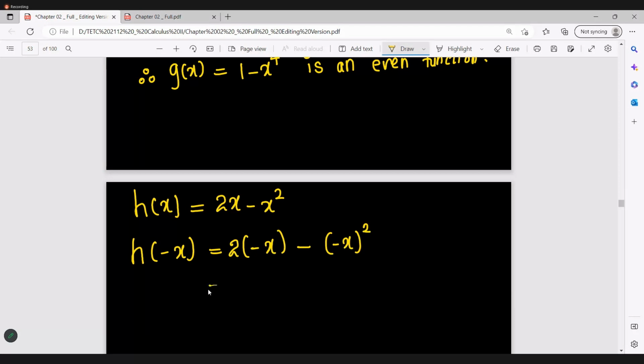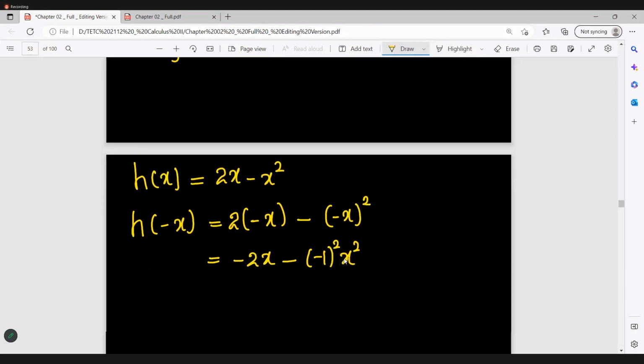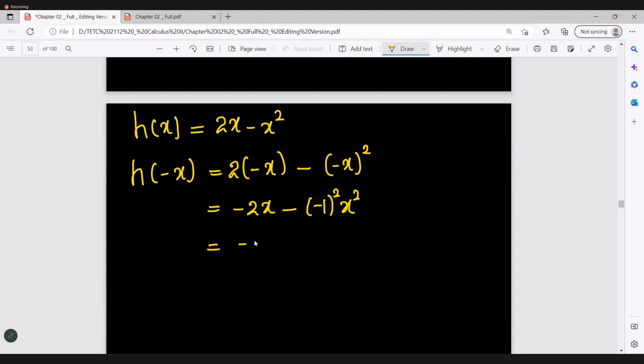So this is equals to 2 times minus x, it is minus 2x. Then minus, minus x to the power 2 is equals to minus 1 to the power 2 times x to the power 2. So we can write this as minus 2x minus 1 to the power 2, it's plus 1, plus 1 times x to the power 2 is x to the power 2.